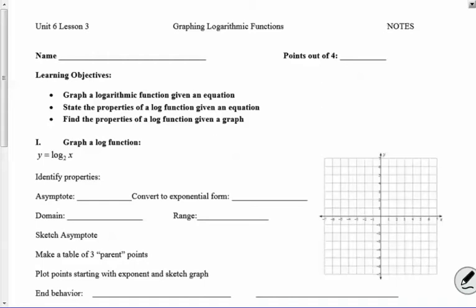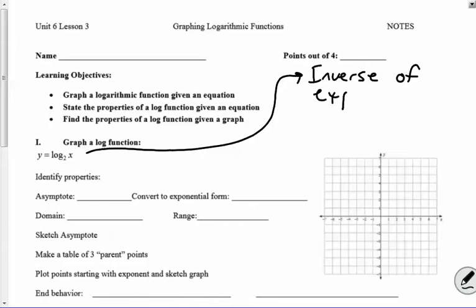Now, remembering that a log function is the inverse of an exponential function is imperative. Okay? Remember, the asymptote for an exponential function was x equals some value, called c.